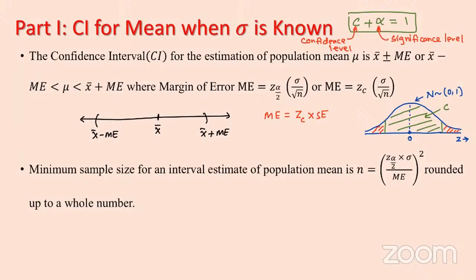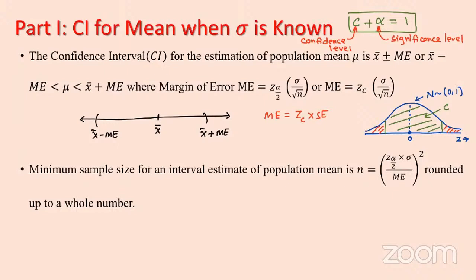In this chapter, chapter 7, we'll be using confidence level a lot. And in chapter 8, we'll talk more about significance level. But remember, confidence level is the area in the middle, and significance level is the area on the tail.